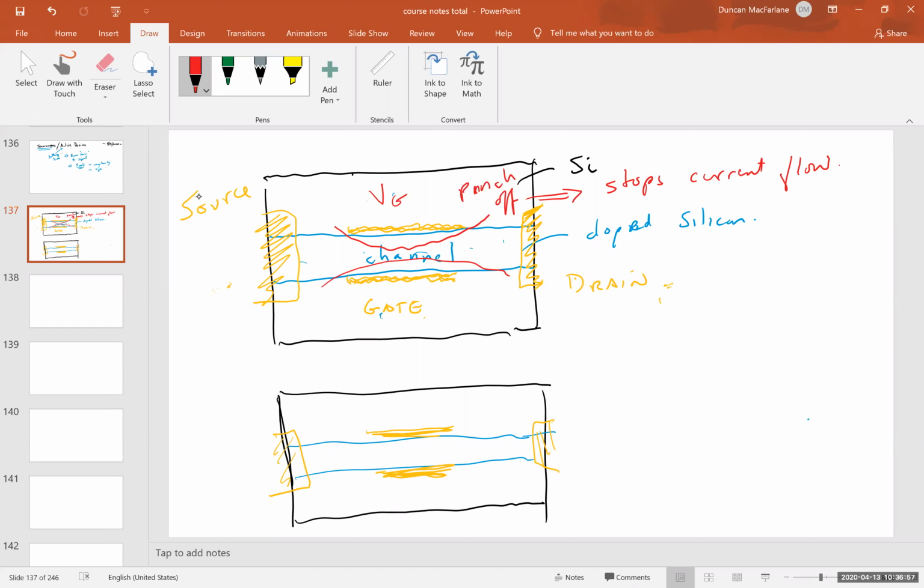And in fact, if I vary G, I can have a whole set of conditions where I can let some current through, I can let a lot of current through, I can get more current through.